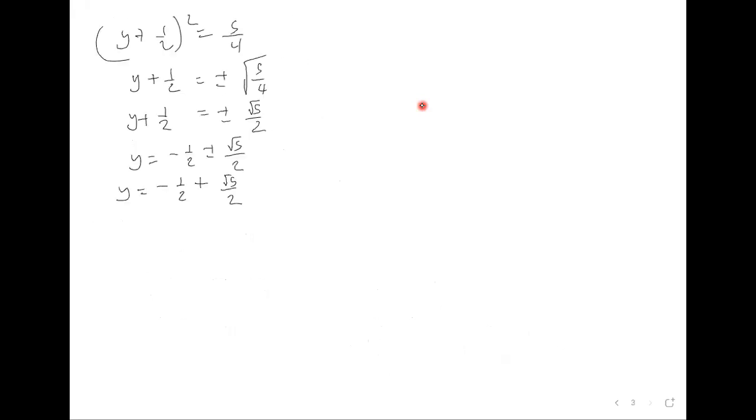So we go back to the screen. So we have two values here, y equals -1/2 plus root 5 over 2, and y equals -1/2 minus root 5 over 2.